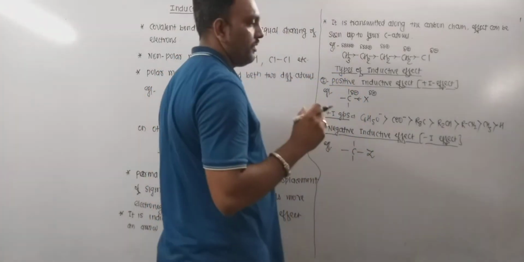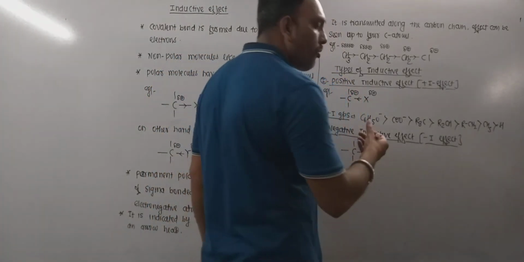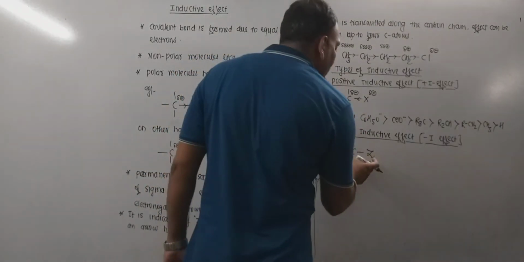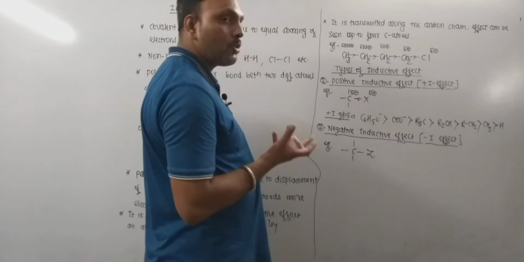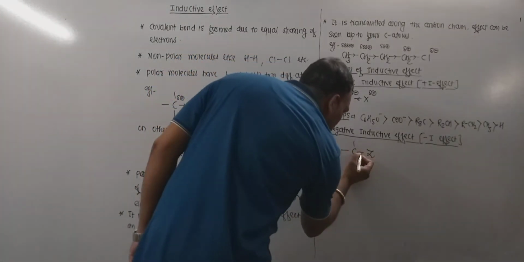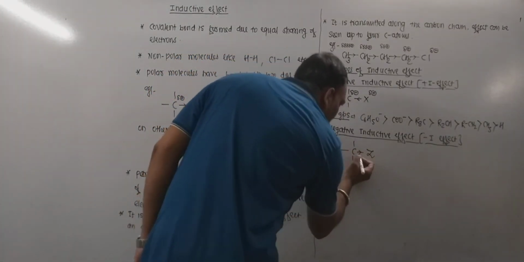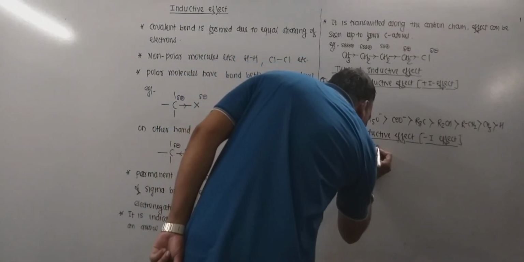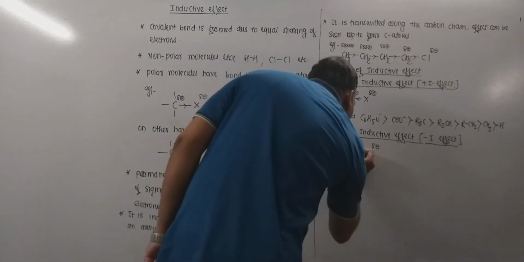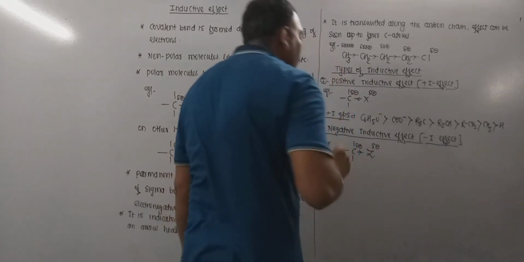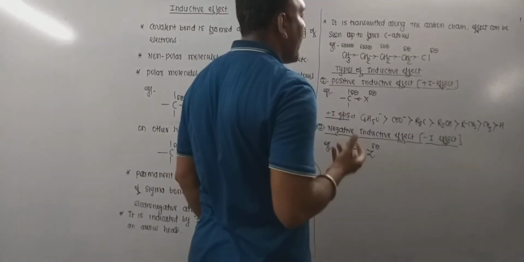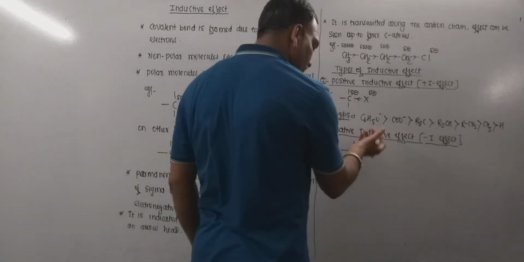Now we consider that Z is electron withdrawing, or in simple words, it is more electronegative than carbon. If so, then this shared pair ultimately gets attracted towards Z, and hence this group carries partial negative charge and carbon holds partial positive charge, as it is less electronegative than this group.